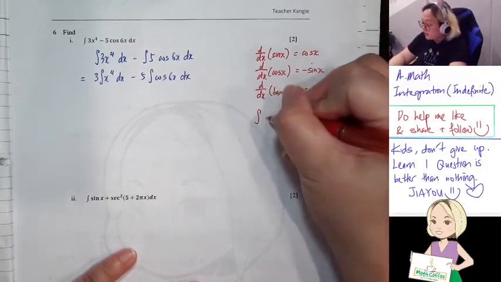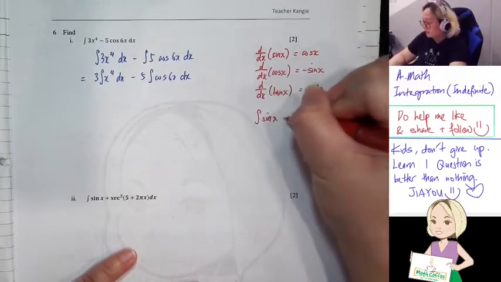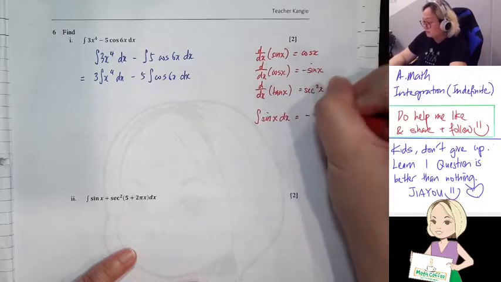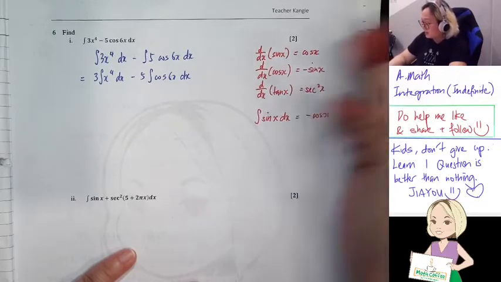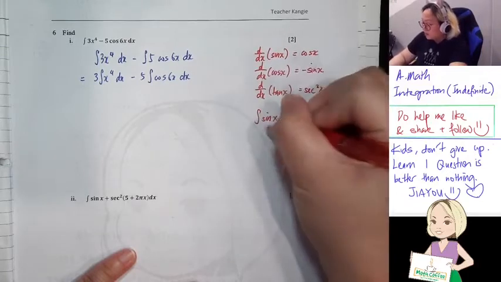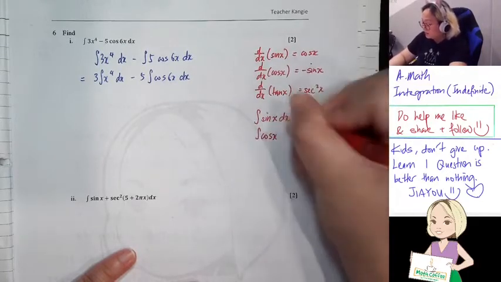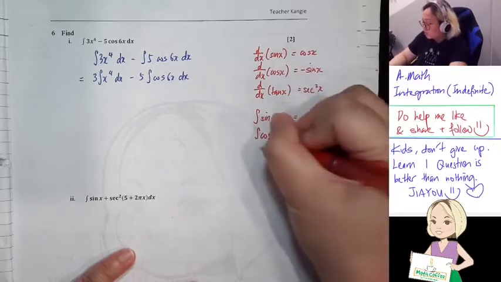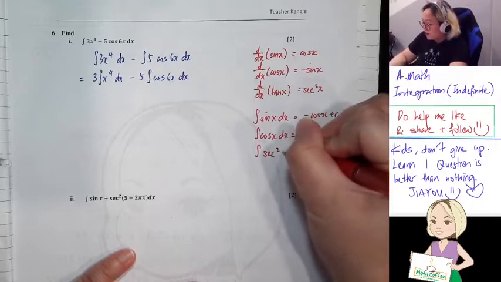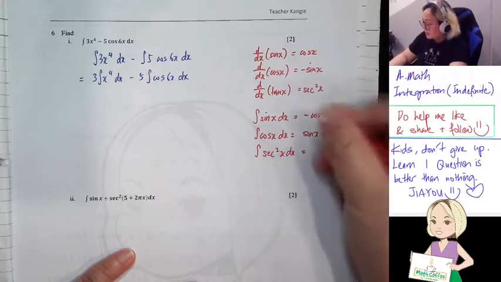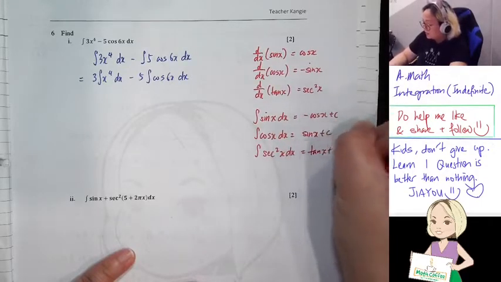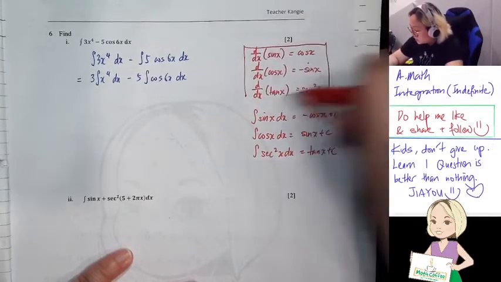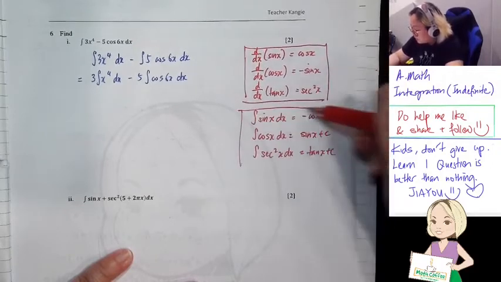When I integrate sine x with respect to x, I get minus cosine x plus c. When I integrate cosine x dx, I get sine x plus c. When I integrate secant squared x dx, I get tangent x plus c. Okay, so this is for differentiation. This is for integration.